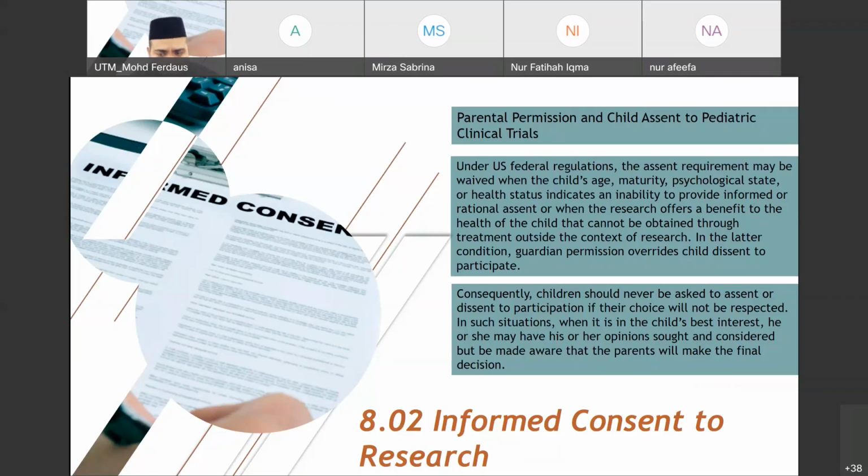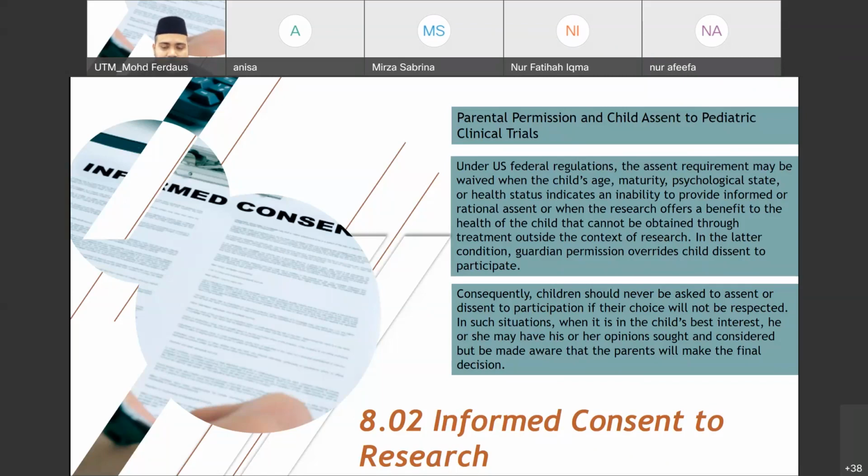What it means is, for example, you are a school counselor and you are required to conduct mental health screening. The one who asks you to conduct it is the parents, or the headmaster, who is being ordered by the Parents Teachers Association, the PIBG of the school.